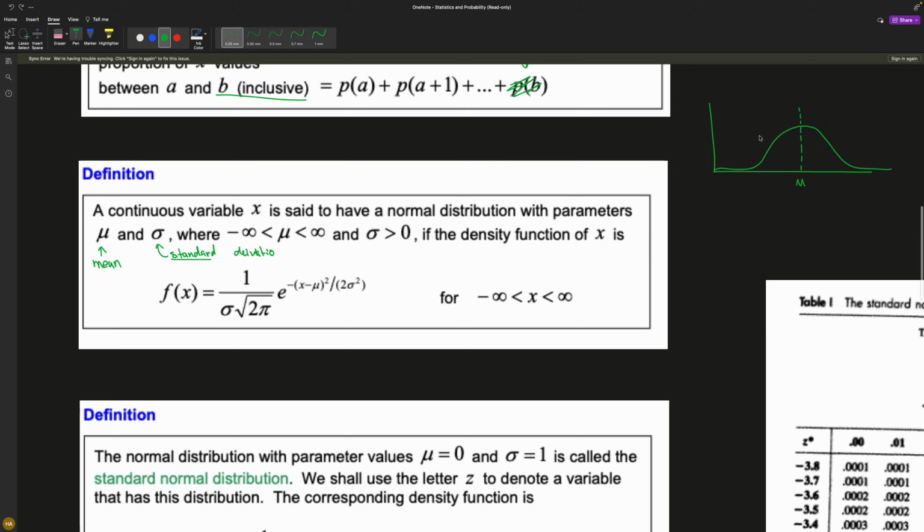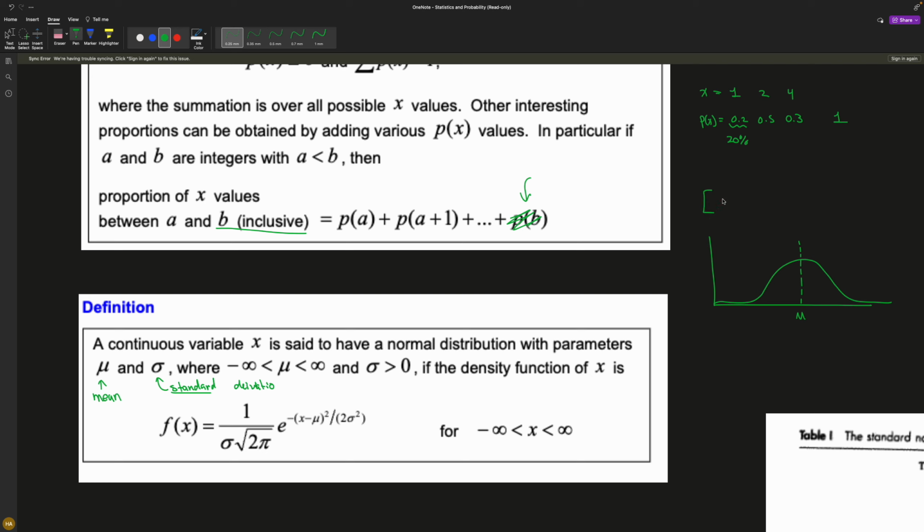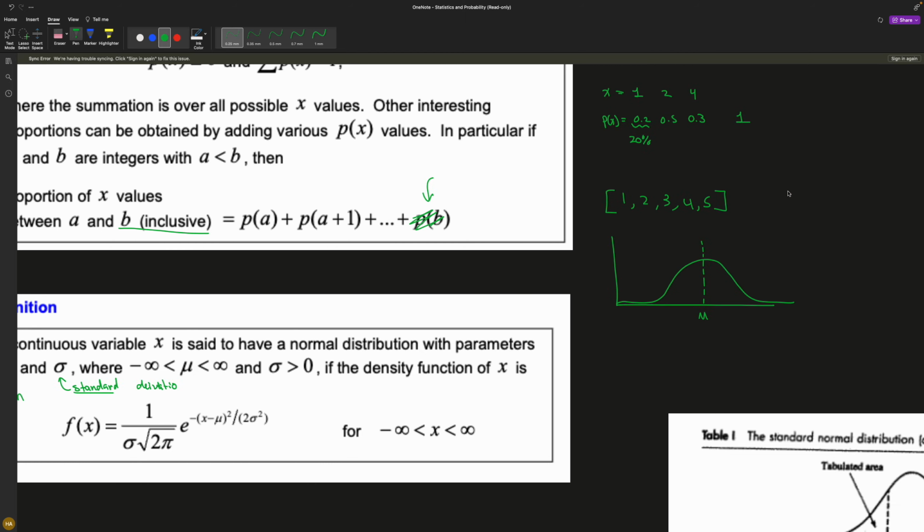Now, if they give you values for the mean, like 1, 2, 3, 4, 5, you would add them all up and divide by the number of values. So here, what you'll do is 1 plus 2 plus 3 plus 4 plus 5, divided by 5. That's how you'd find the mean.